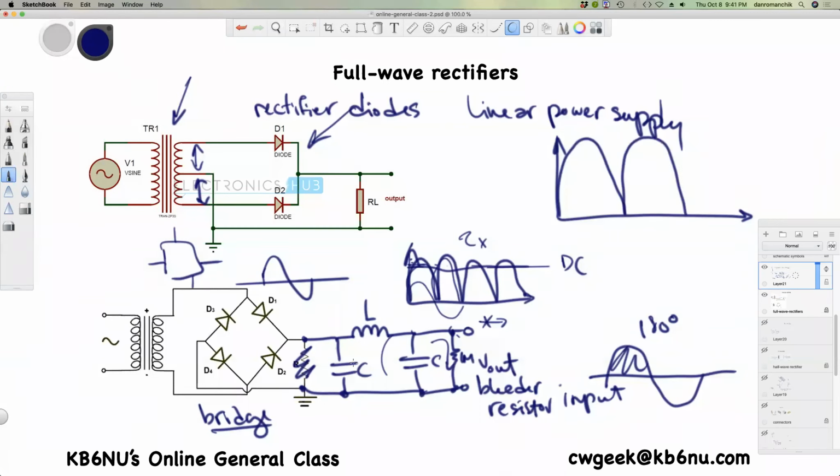If you just had a single capacitor there, what you'd see is kind of voltage like this. As the voltage goes up, it keeps charging, and then when it starts going down, at a certain point the capacitor will start providing some current, which will keep the voltage up.